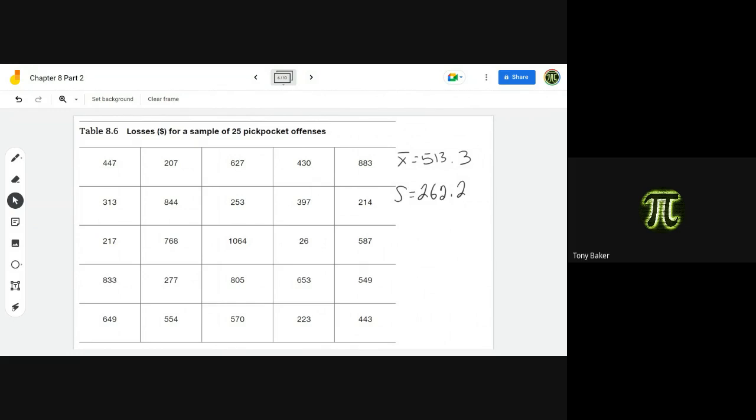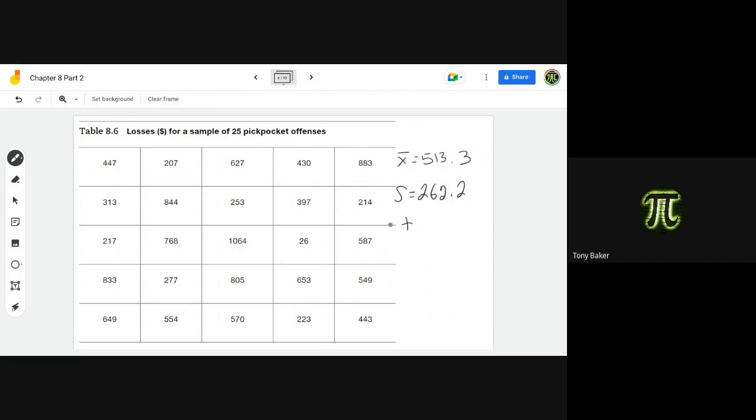Next thing I want to find is my t-score for this. For this one, 95% is going to be my confidence level. So when I'm looking at my t, what's the number I'm putting down here?